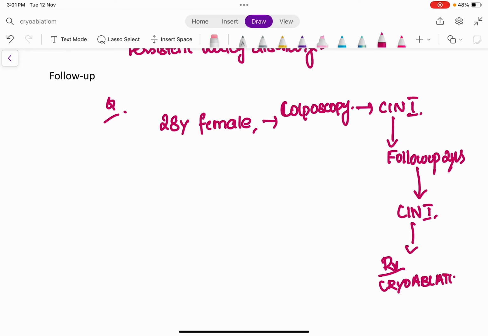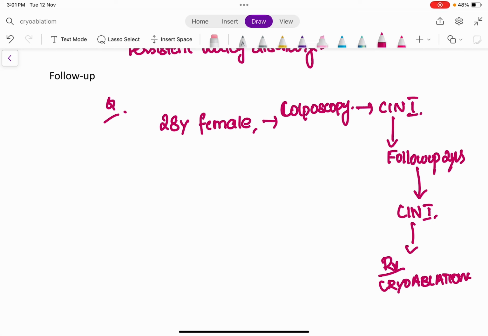cryoablation, right? So a 28-year-old female came to me with complaints of bleeding per vaginum, to be even more particular, postcoital bleeding, right? As a result, I'm going to do a speculum examination. On speculum examination, I was not able to see any lesion, right?